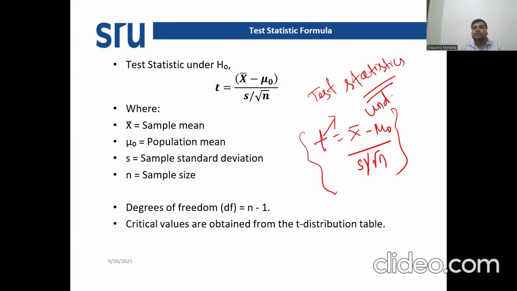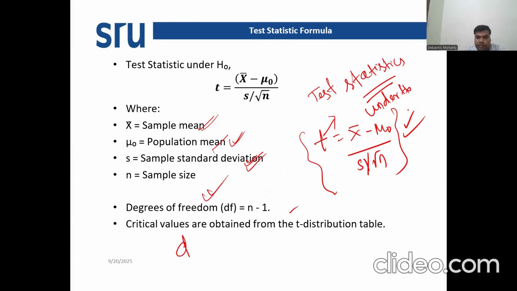By this way you can find the t value, where x bar is the sample mean, mu naught is the population mean, s is the sample standard deviation, and n is the sample size.